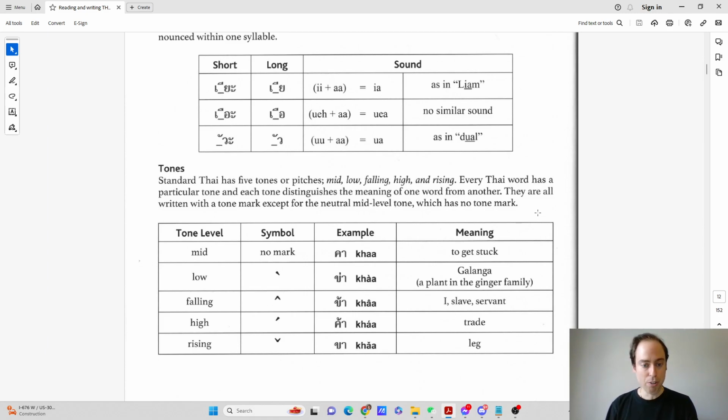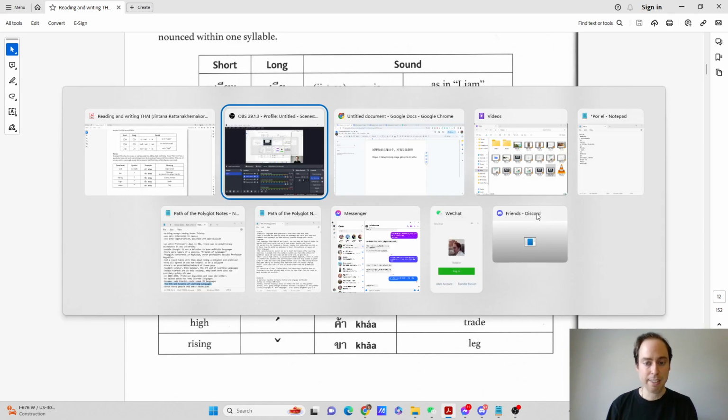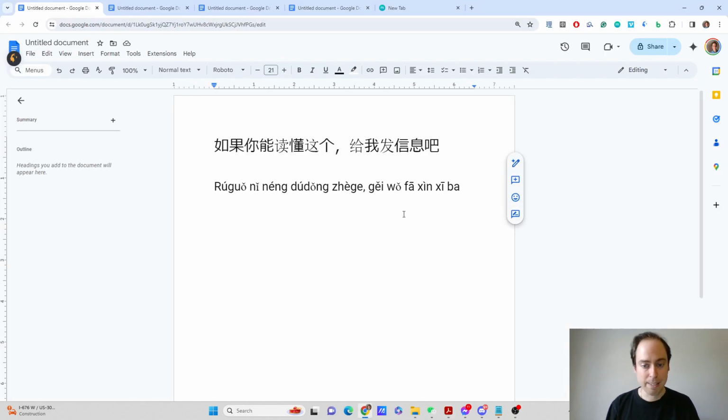But something I wanted to show you is that if you already know Mandarin Chinese, it also has tones. They have 4 tones, or maybe 5 if you count the no tone as a tone. Basically this is Chinese in the Chinese script, and then this is Chinese in Pinyin.